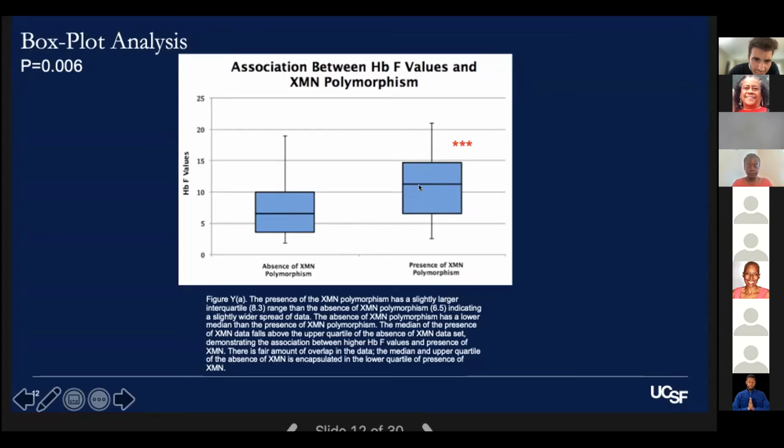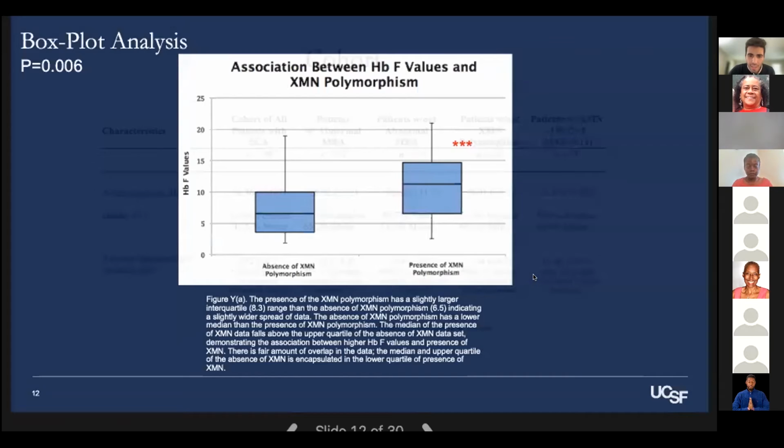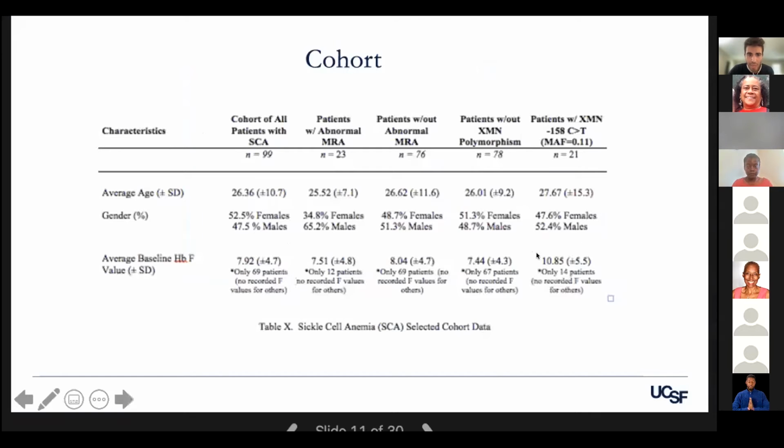Sorry, that's actually like 10. So there was a 3.4% difference. I think these are the correct values: 10.85% if you have the SNP, and 7.5% was your baseline fetal hemoglobin value. So a 3% increase on average with just one SNP.